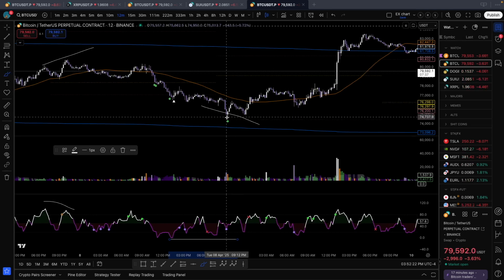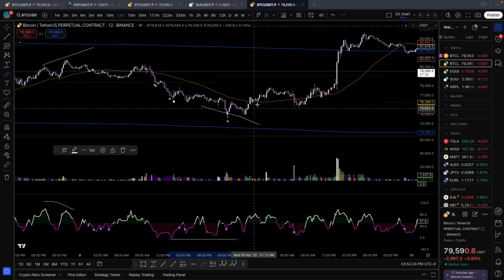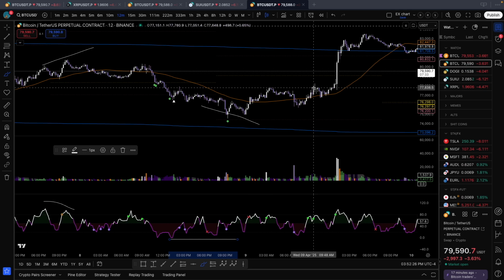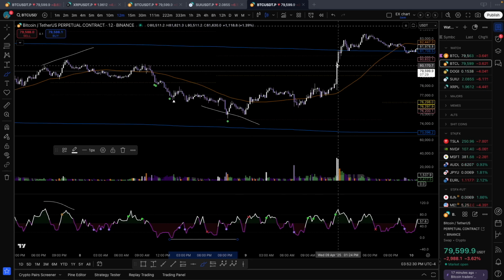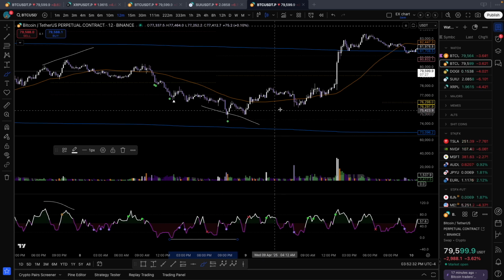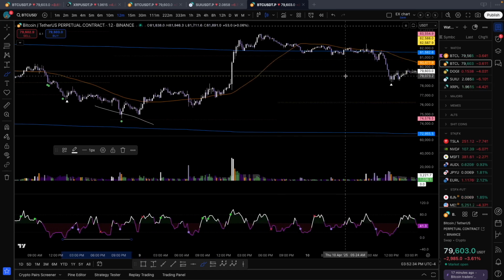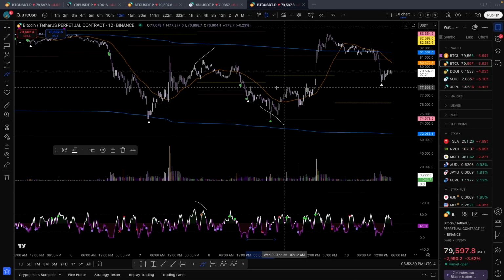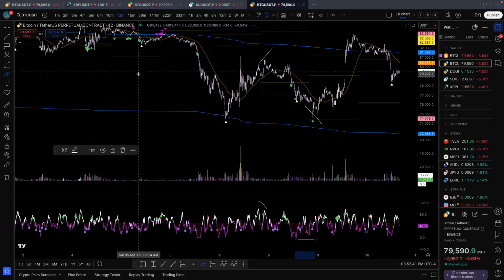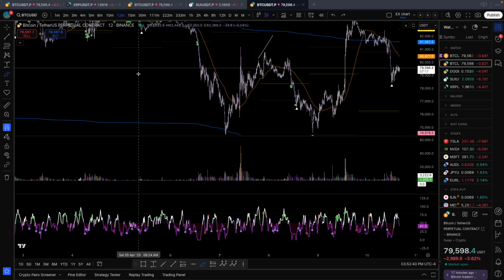You might have got a little shook right here or even right here, but this was the tariff news. So even if you weren't paying attention to the news or whatever, you would have gotten it long and ate pretty good. So this was just a couple of days of price action, looking at a couple of days of price action that's already happened.